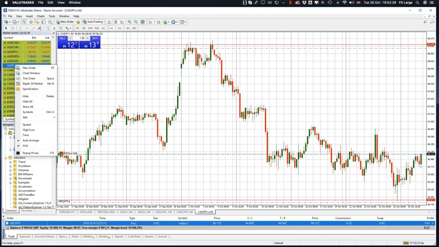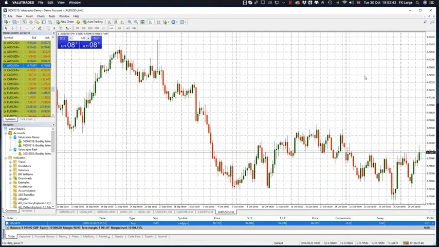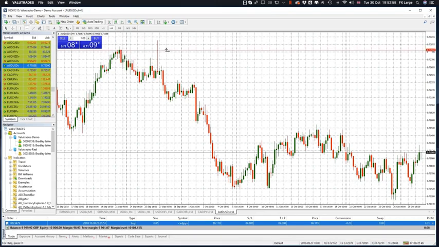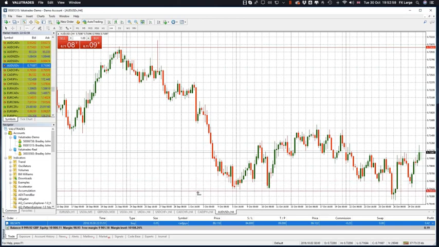Let's go back to our old friend, the Aussie dollar. Okay, let's say for whatever reason we thought that price was going to go up to this point of resistance. And we want to cover our loss if we have one at this line of support.